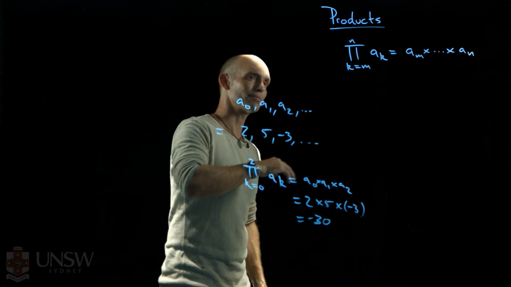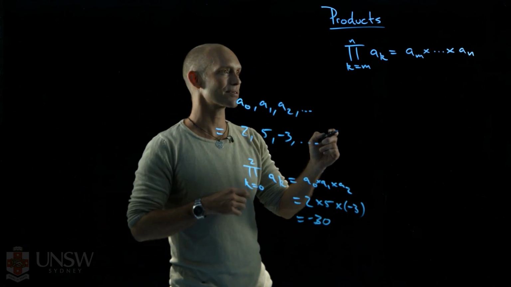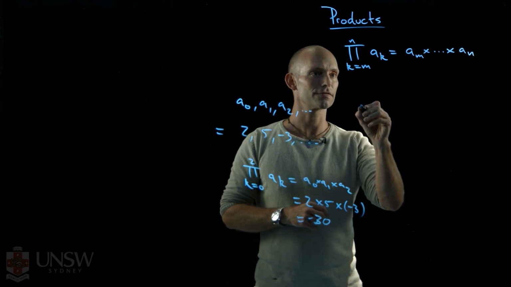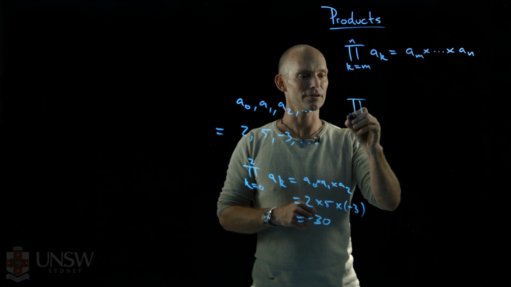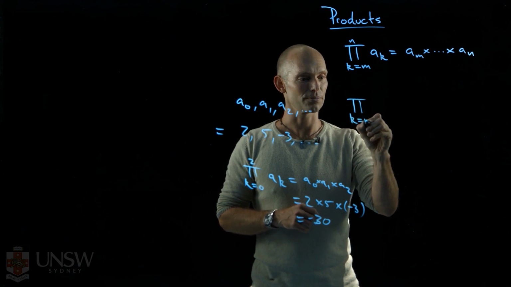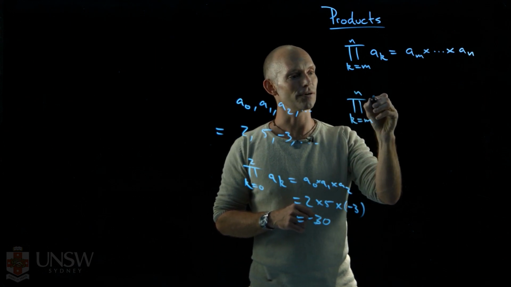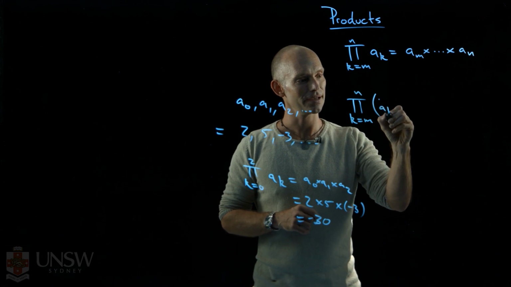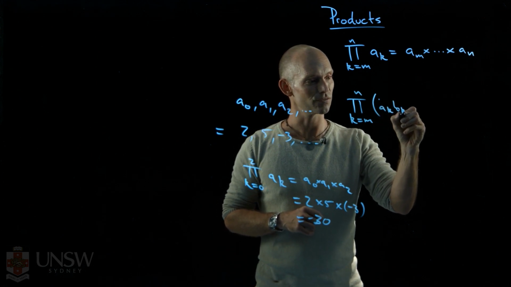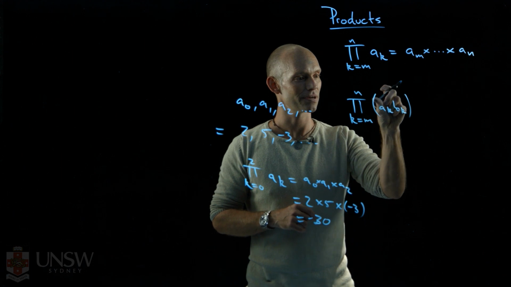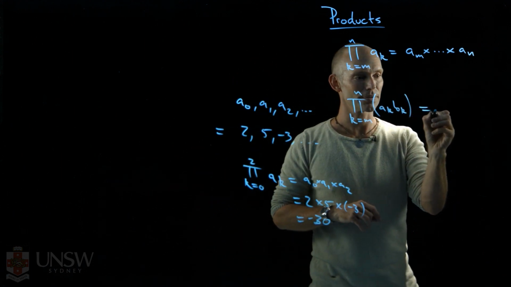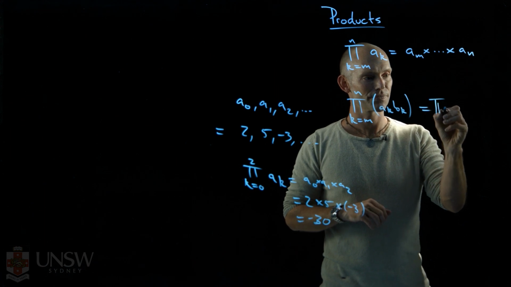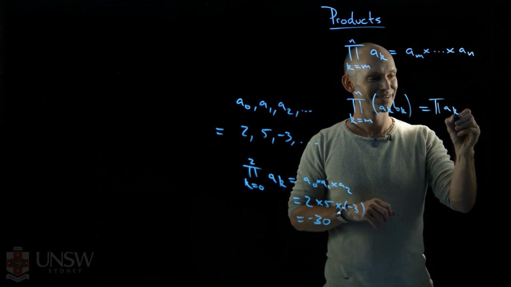Now there are several properties of products. If we have a product of products, so if we have this product going from M to N of AK times BK, if we have 2 sequences that we're multiplying term by term together, then that splits up as the product of the products.